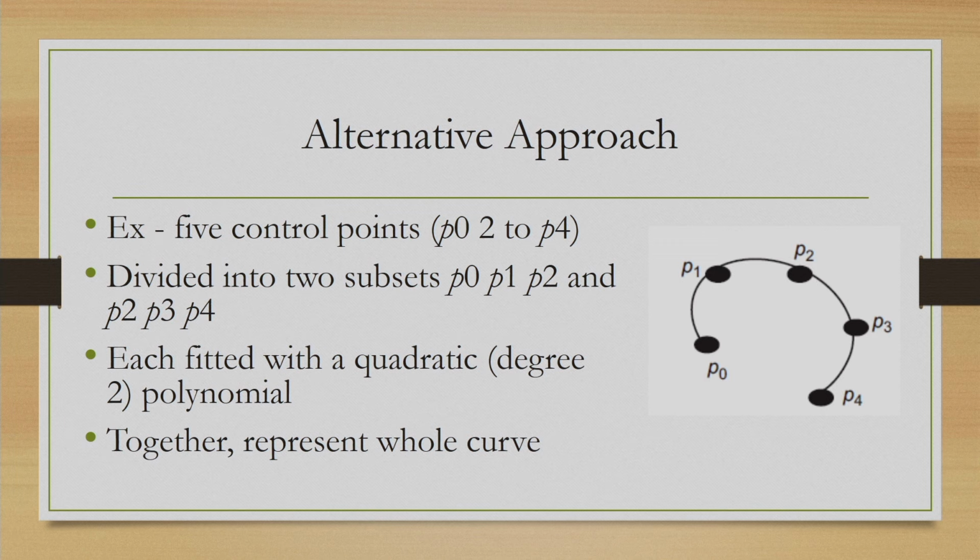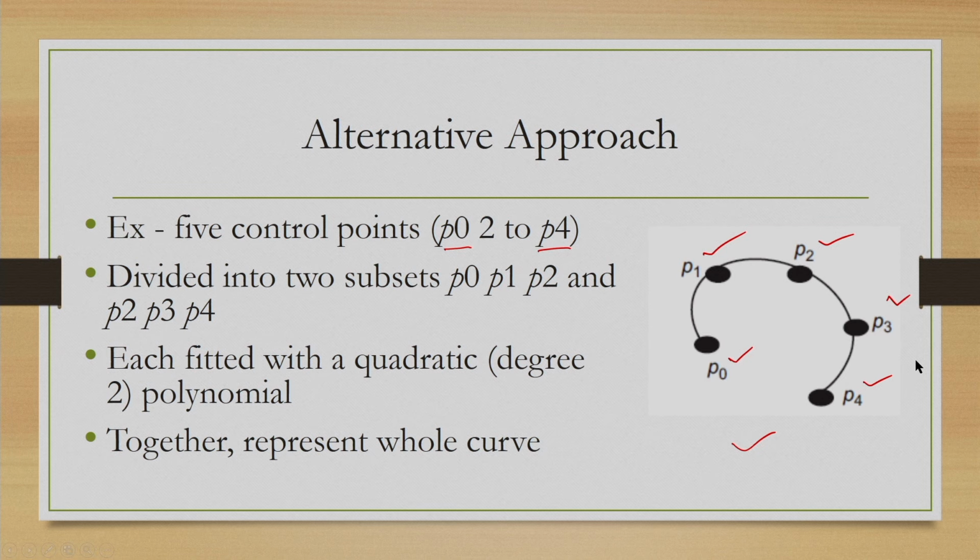Let us take an example. Consider this figure here. There are 5 control points P0 to P4, as you can see P0, P1, P2, P3 and P4.